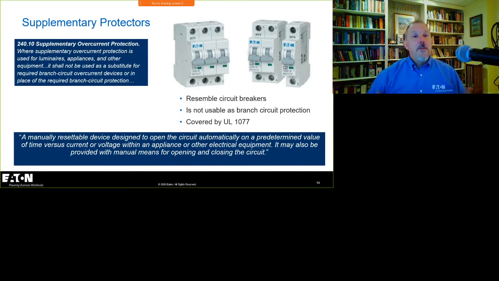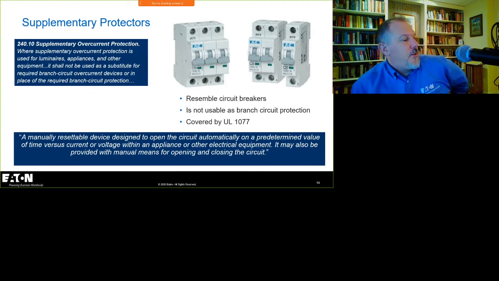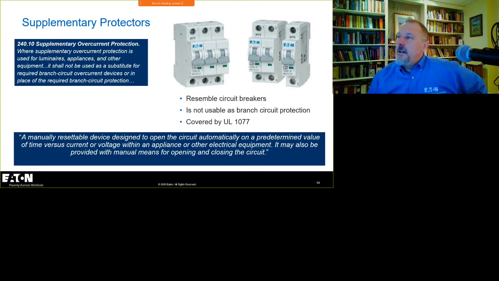Now, these supplementary protectors, Mr. Cernko used to tell me that he calls these devices, you use these when you don't need them. That's what he used to say. Supplementary protectors, whether it be a fuse or a circuit breaker, aren't branch circuit rated devices. These have to have an overcurrent device upstream providing short circuit protection for that equipment.